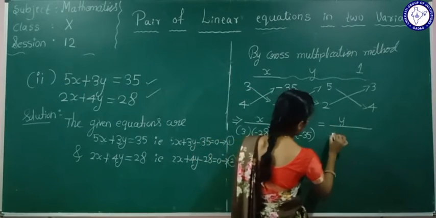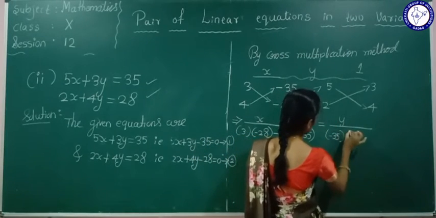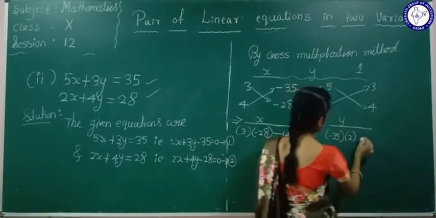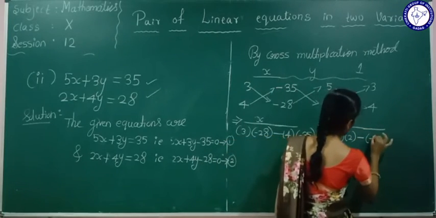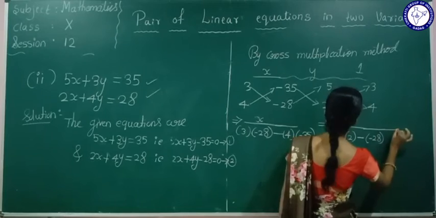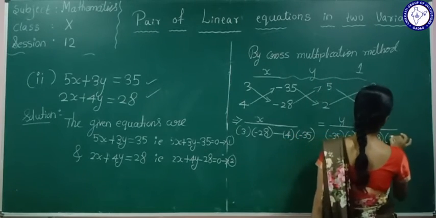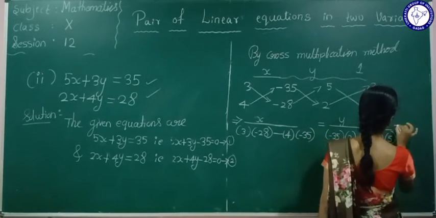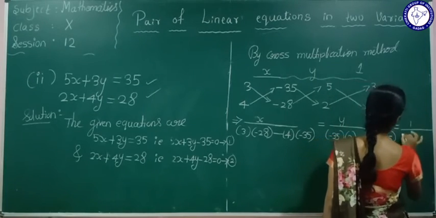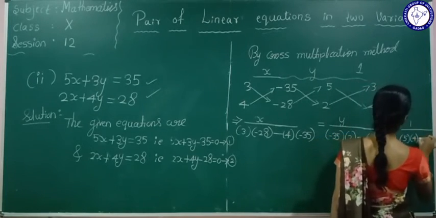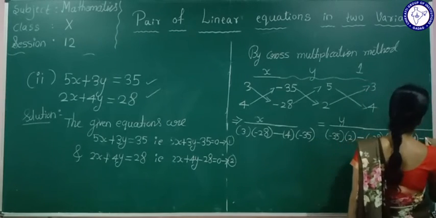Minus 35 multiplied by 2, subtract the upward arrows, that is minus 28 multiplied by 5, is equal to 1 over 5 multiplied by 4 minus 2 multiplied by 3.